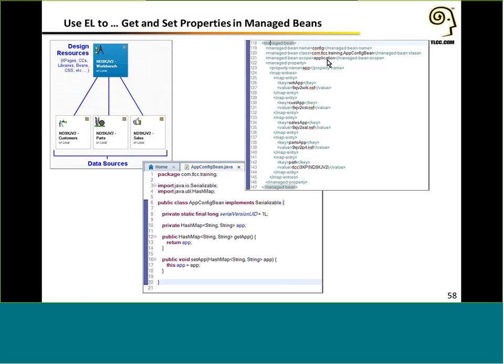So one very good use and application of managed beans is to provide some sort of an application configuration bean, manage that bean, set some of the properties for that, and then it's available throughout your code. So all we're doing here is setting the path to some related NSFs, applications, for a particular application that I'm working on.